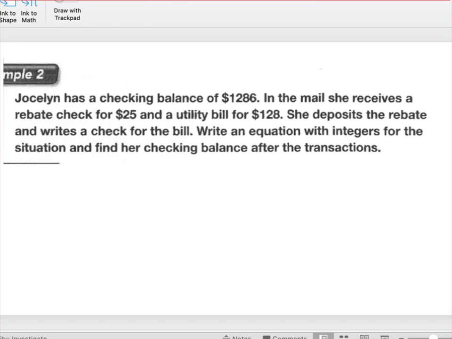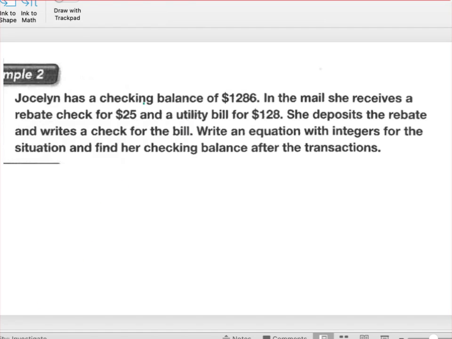Okay, Jocelyn has a checking balance of $1,286. In the mail, she receives a rebate check for $25 and a utility bill for $128. She deposits the rebate and writes a check for the bill. Write an equation with integers for the situation and find her checking balance after the transactions.